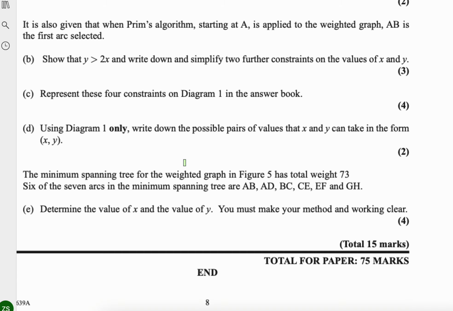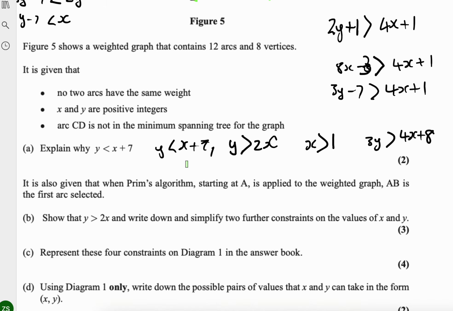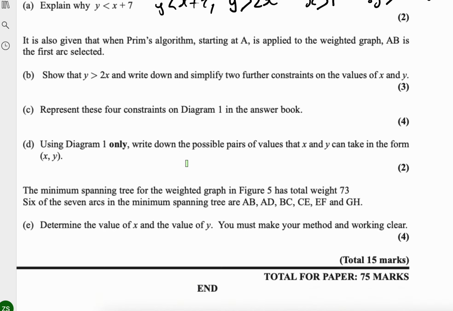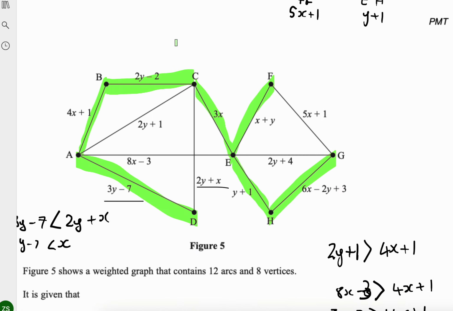Now, we can find the total weight. The total weight is 73. So if we add all of these, we should get a number of x and a number of y. How many x's do we have? 4, 5, 6, 7, 8, 9, 10, 11, 12, 13, 14.